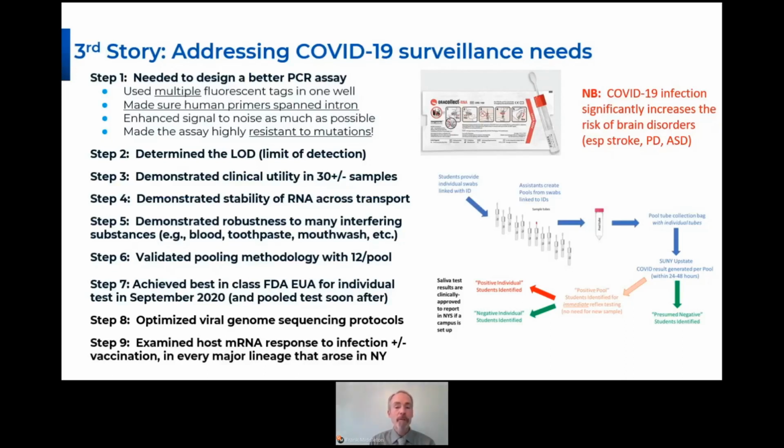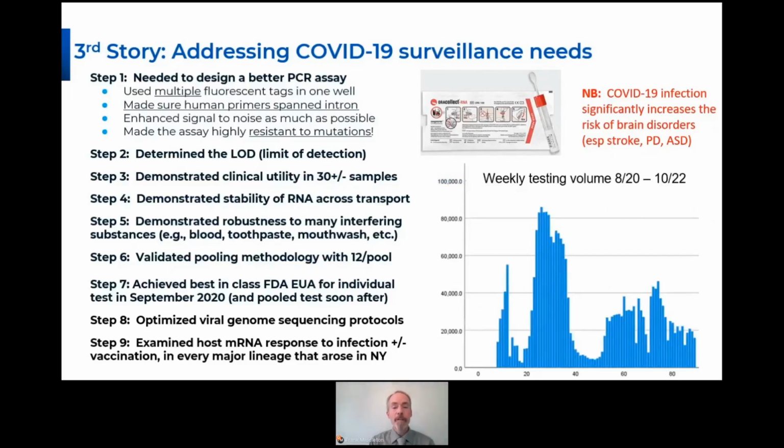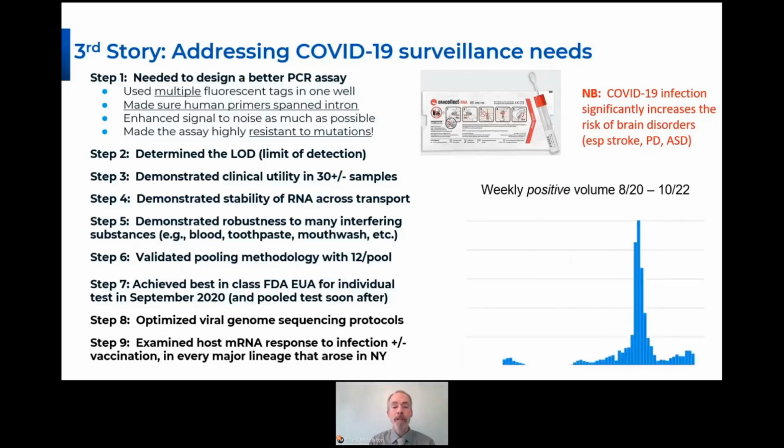So I'll just hit some of those highlights. This is an example of our weekly testing volume from when we received the authorization to begin clinical testing. And you can see that many weeks we were doing in excess of 80,000 tests from our single upstate New York laboratory locations. The positive testing results had a slightly different time course in terms of their peak.